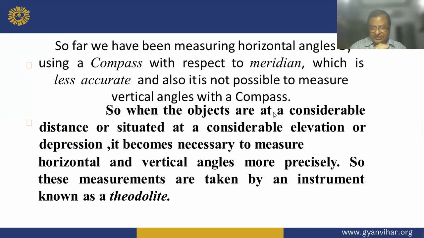So when the objects are at a considerable distance, situated at a considerable elevation or depression, it becomes necessary to measure horizontal and vertical angles more precisely. These measurements are taken by an instrument known as a theodolite.